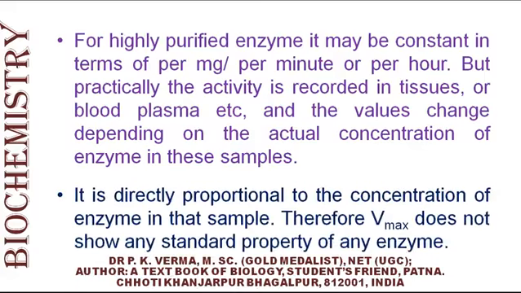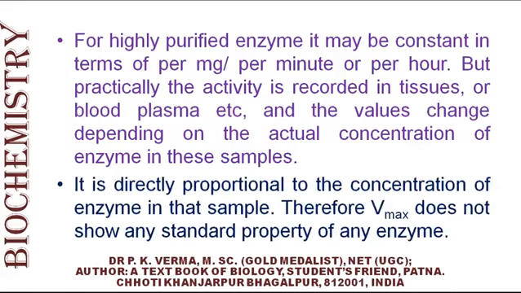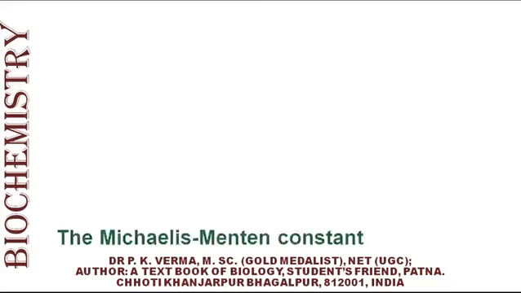So when the calculation is made, it is made in terms of milligram tissue or milliliter blood plasma. It is directly proportional to the concentration of enzyme in that sample. Therefore, Vmax does not show any standard property of any enzyme. It is variable.